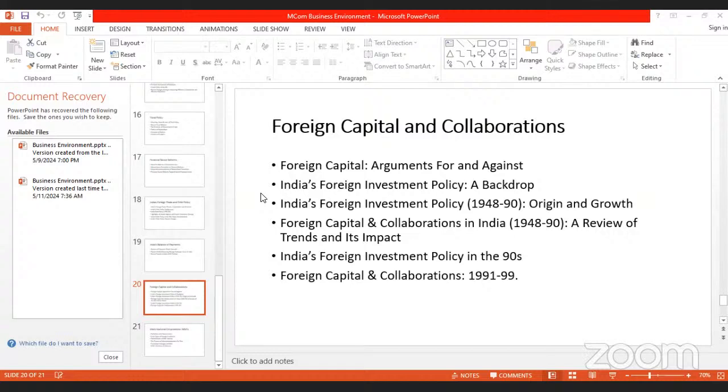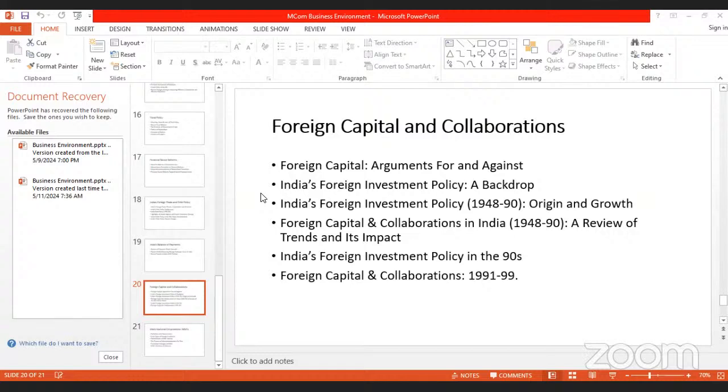Second argument is profit repatriation. Foreign investors often repatriate profits to their home countries, leading to a drain on the host country's foreign exchange reserves. Whatever profit they earn, they direct to their home country, so it affects the foreign exchange reserves.